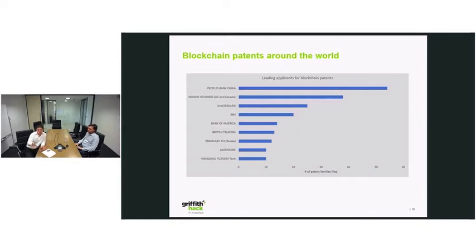Now, what you can be sure of is that the companies up here are sophisticated companies, right? They're serious about their intellectual property. They will be having conversations internally around IP, and they will have a very clear IP strategy. But the patent filing numbers that we see here are just a part of their IP strategy, right? And their IP strategy is just a small part of their business strategy.